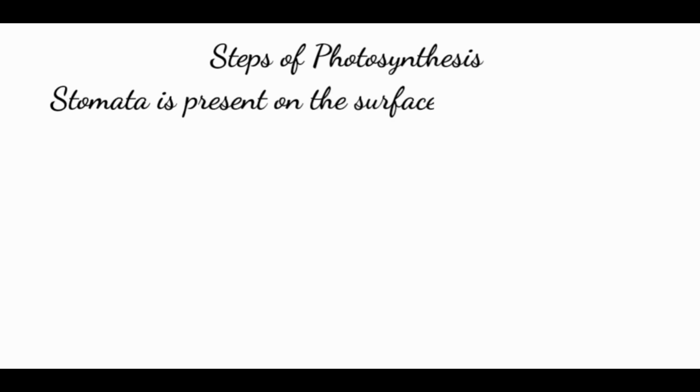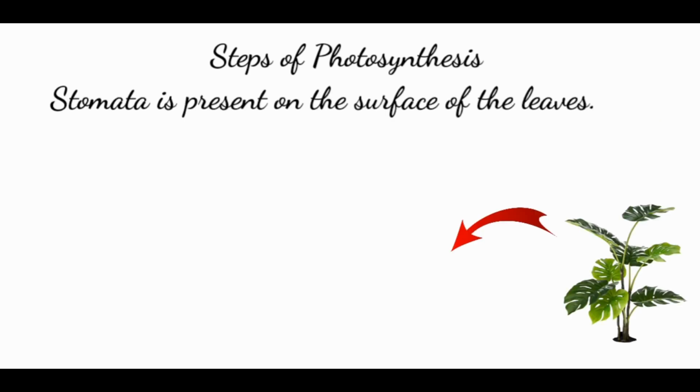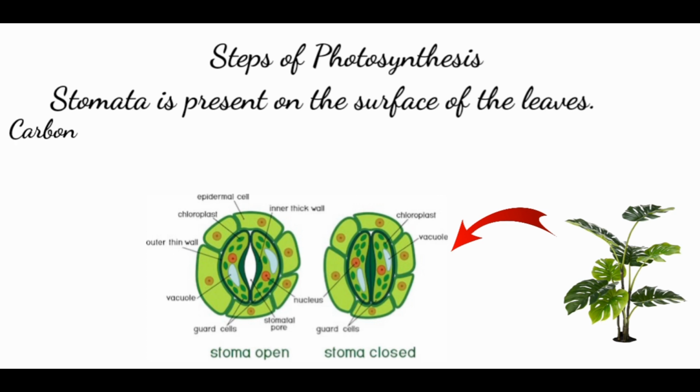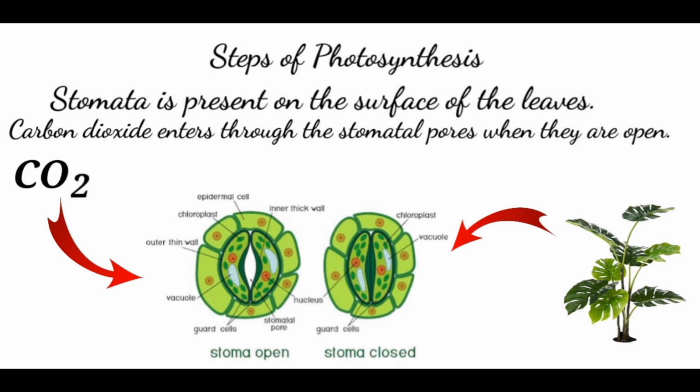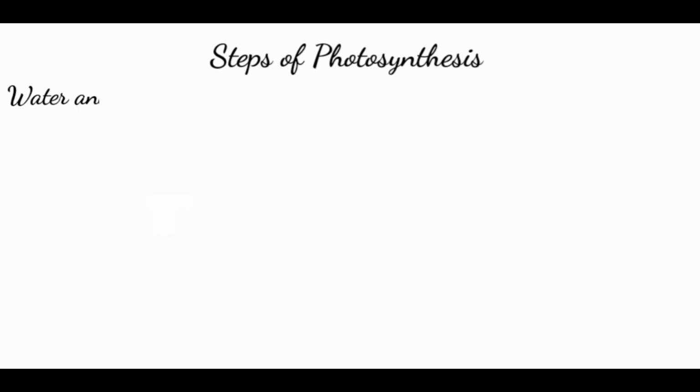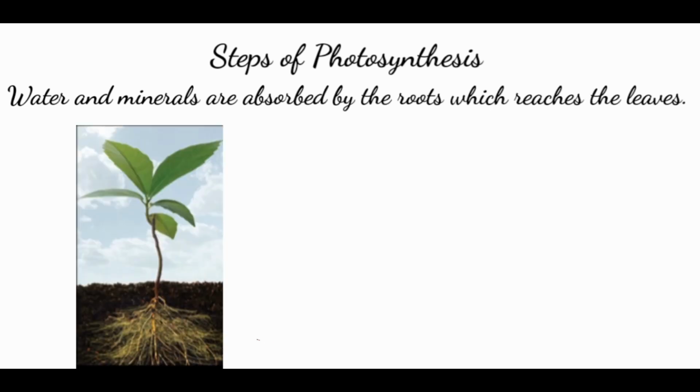Stomata is present on the surface of the leaves. Carbon dioxide enters through the stomatal pores when they are open. Water and minerals are absorbed by the roots, which reaches the leaves.